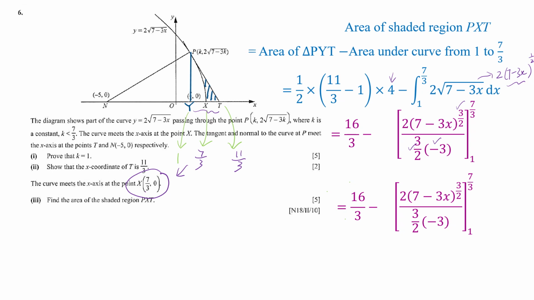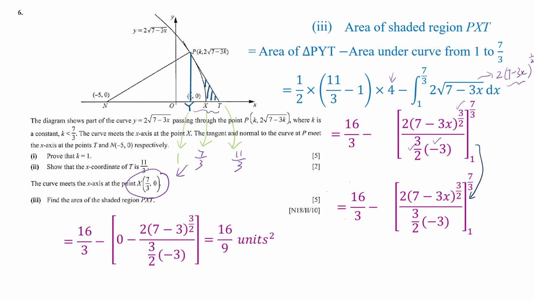So let's substitute in x to be 7/3. 3 times 7/3 gives you 7, so 7 minus 7 is 0, and anything times 0 is 0.